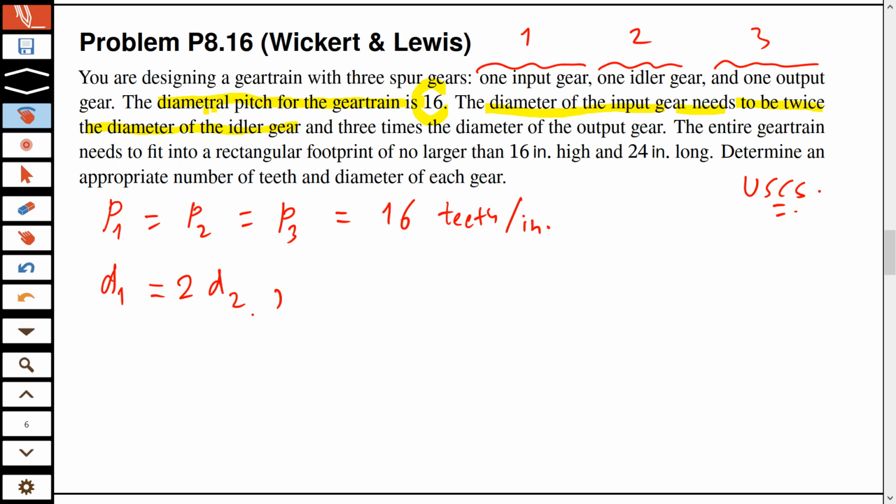This is one equation, okay? And it must also be, I'm not changing the line, so on the same line, that same D1 must also be 3 times the diameter of the output gear. So now it's 3 times D3, okay?